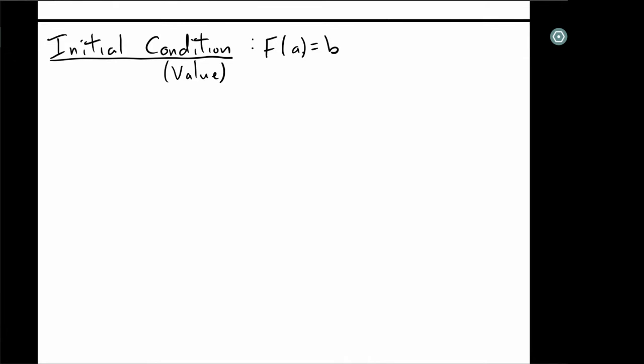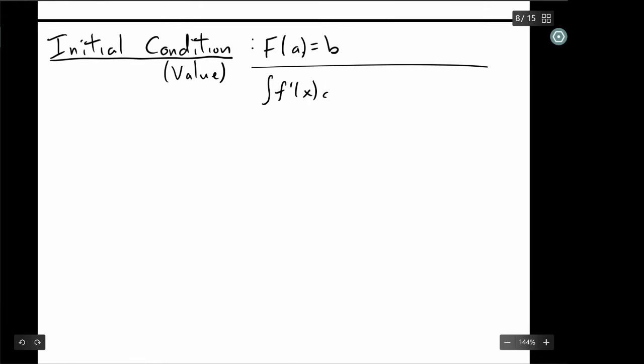Okay, so let's look at an example of something like this. Another common way to write this is to say, solve this problem where little f of a equals b. And there's a couple ways this problem can be presented.